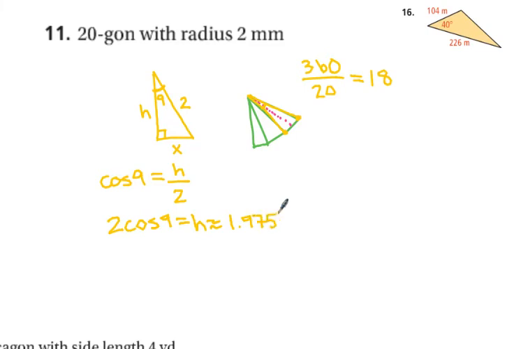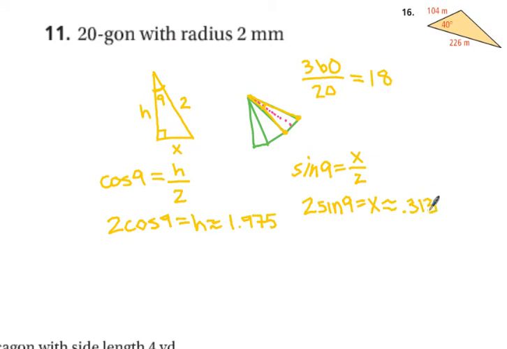Now we have the height, so I want to go find the x value. For our x value, that's our opposite, so we can use the sine value. So sine of 9 is going to equal our opposite, which is x, over our hypotenuse. We'll multiply by 2, so 2 sine 9 equals our x, which is approximately 0.313.